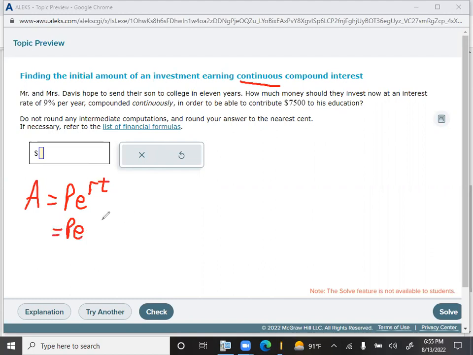At an interest rate of 9% in 11 years, compounded continuously. So that's why we're using that formula instead of the one with the n, in order to be able to contribute $7,500 to his education. So they're just going to dump in one lump sum. They're not going to make monthly payments like most people would. That involves a different formula.